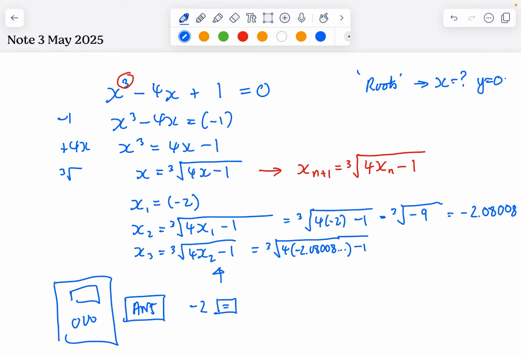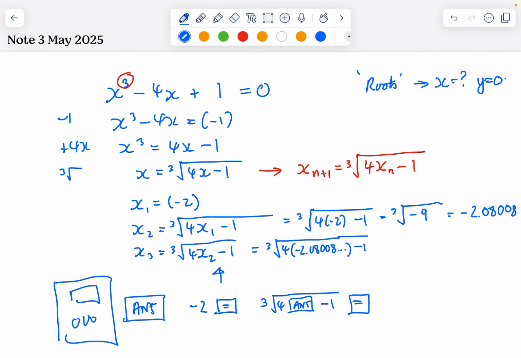So we're going to say that the cube root of 4 times the answer minus 1. And then we're going to hit equals. So we have cube root 4 times answer minus 1.